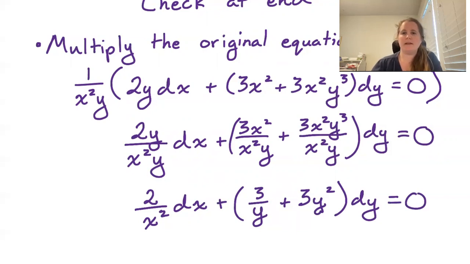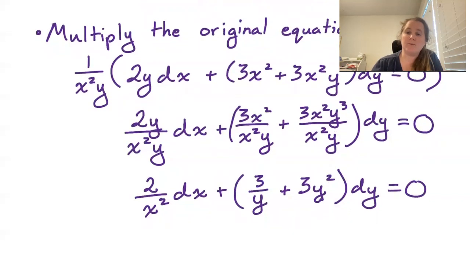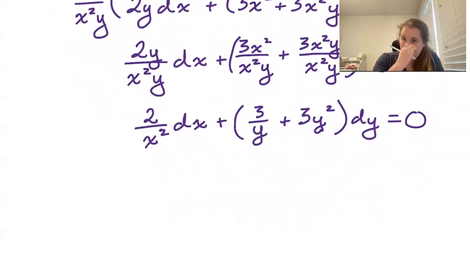So the x squareds cancel out. The over y stays in the first term, and dividing by y drops the power of y by 1 in the second term. Note, because the first component is solely in x and the second component is solely in y, when we go to take those mixed partials, we will just get 0 for both. We do have an exact equation.